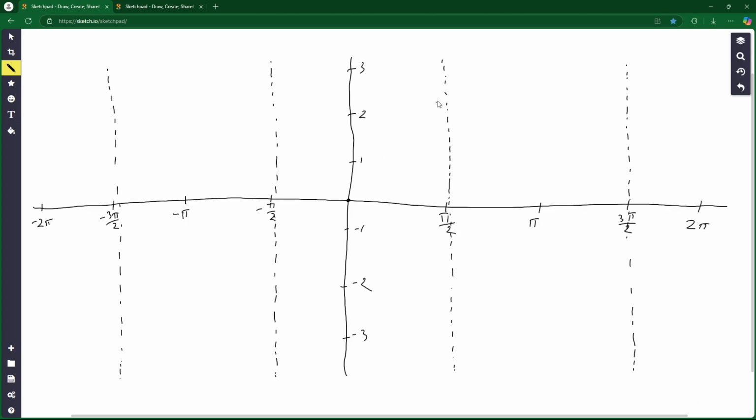Now this next part, you really just need to know what the parent function of tangent looks like. I'll go ahead and show you right here.